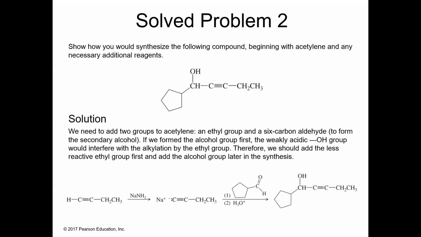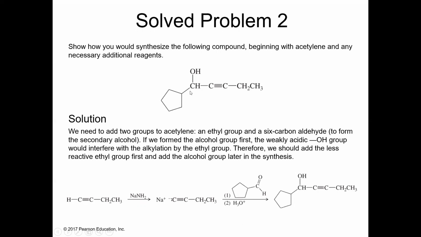So how would you make this? Working backwards, it would be most logical to disconnect between this alkyne carbon and the CH. Disconnect here. And we would start with a but-1-yne.